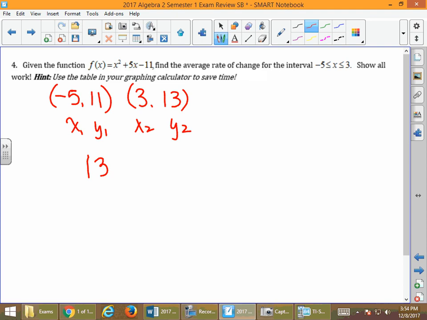This is going to be 13 minus 11 divided by 3 minus -5. 13 minus 11 is 2, and 3 minus a -5, remember double negative gives us a positive, 3 plus 5 is 8.